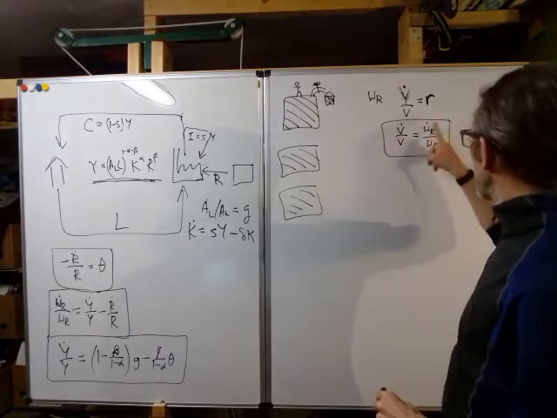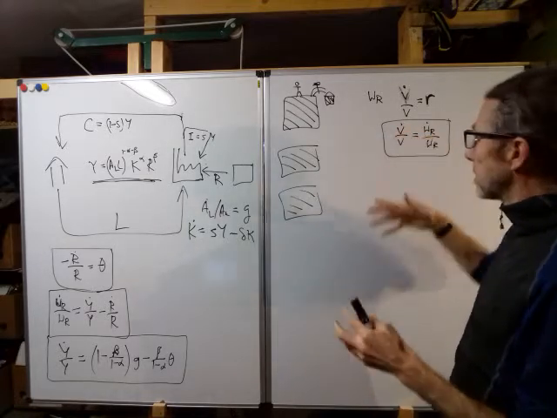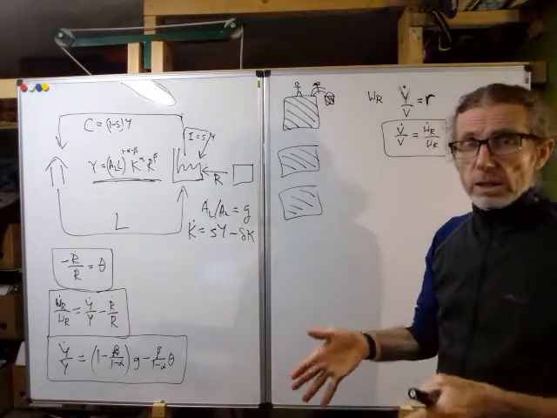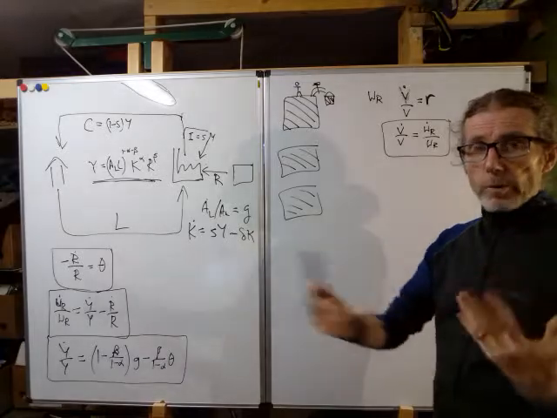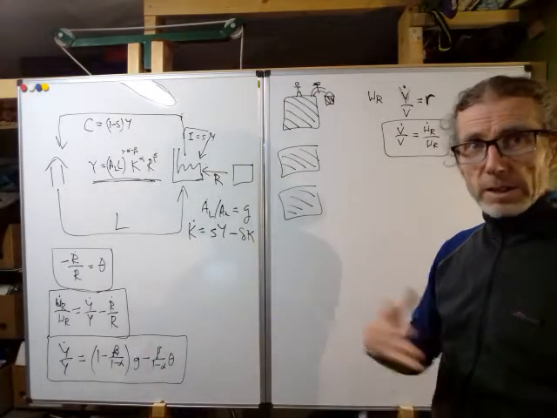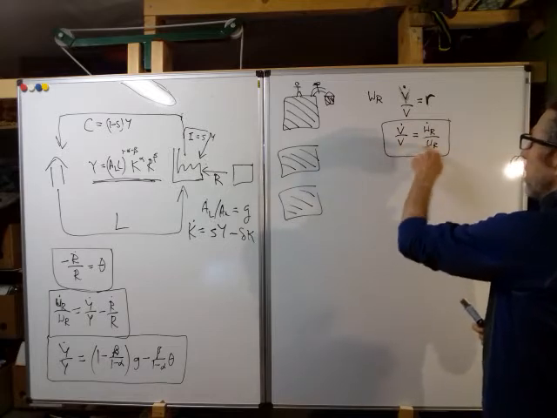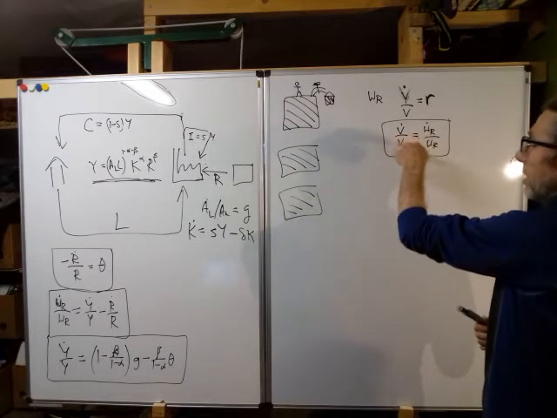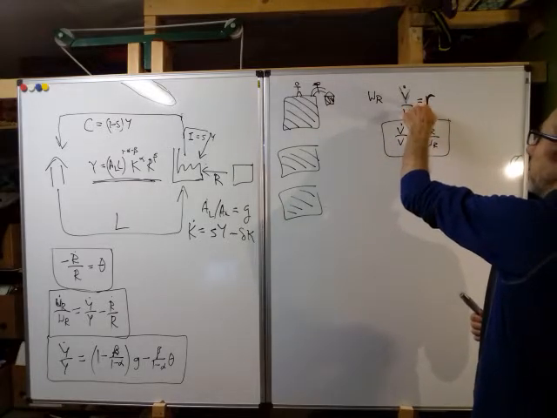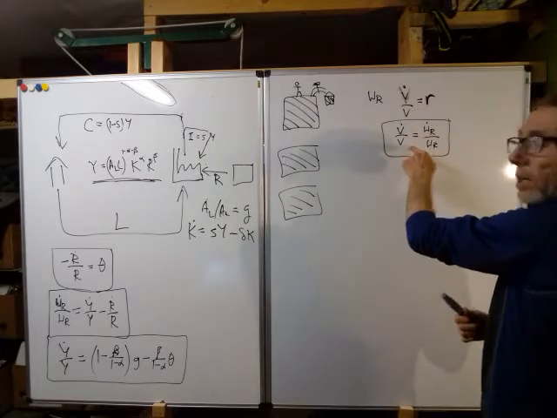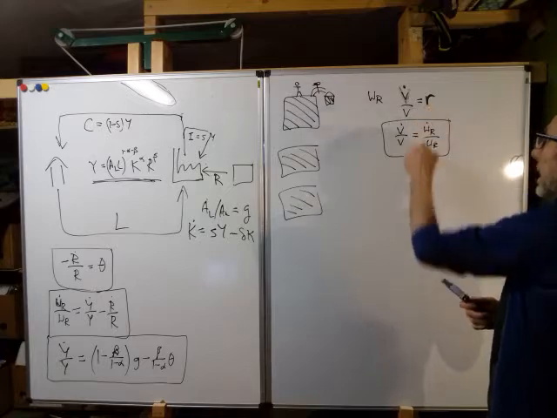So if the price of the resource is growing fast, wr dot over wr is high, then our asset, this unit of oil, is growing rapidly in value. So if we have this portfolio management decision, where should we keep our assets? If a unit of oil is growing faster in value than a unit of oil converted into money, then we'll keep it as oil. But if the money is growing faster, then we'll convert it to money.